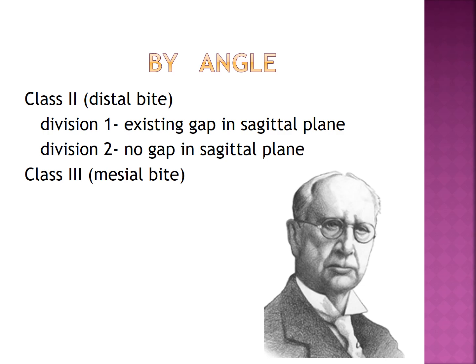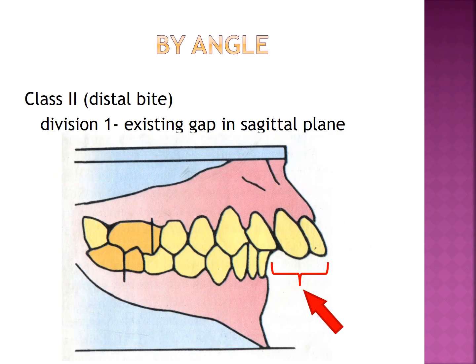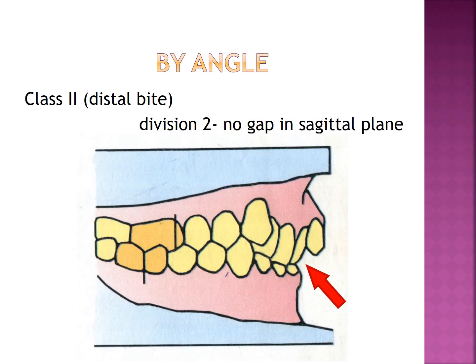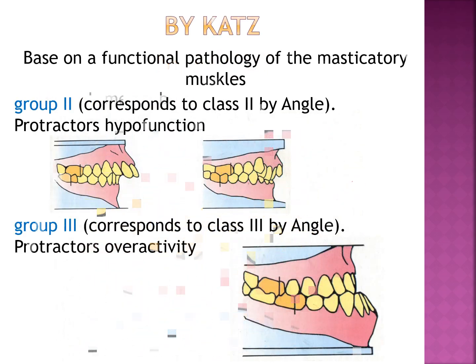An opposite situation, opposite pathology, mesial bite, or class 3. Class 2, Division 1, existing gap in sagittal. Class 2, Division 2, no gap in sagittal. And mesial bite, third class by Angle.